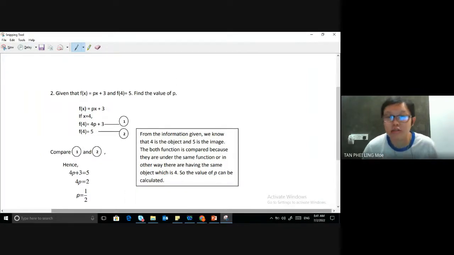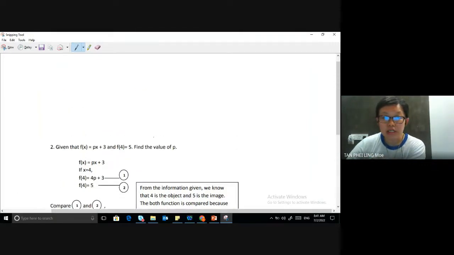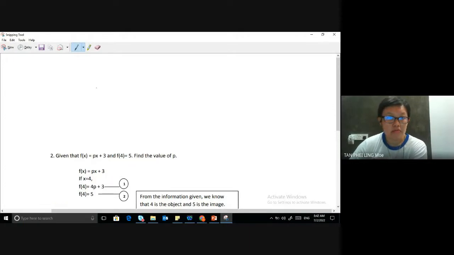So let's add a part B. Let's say find also the image, or we say find the object that maps to itself.